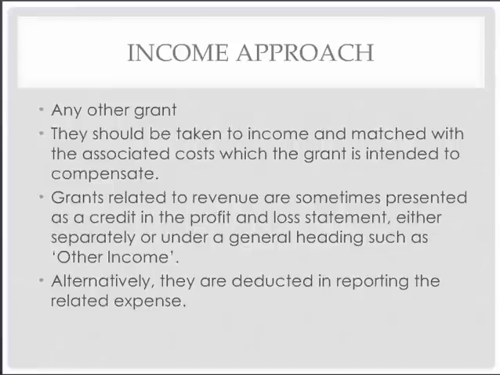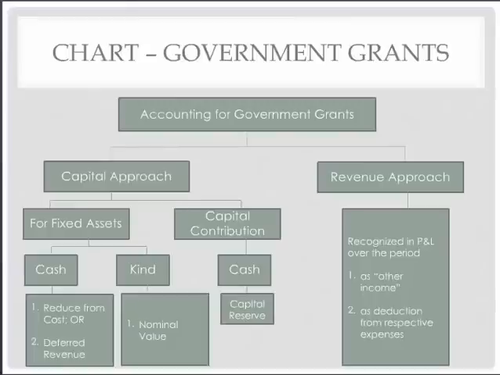Let us now go on to a summary chart which will explain in summary whatever we have discussed till now. Students, this chart will explain you in summary how to account for government grants. As we discussed, government grants can be of 2 types: capital grant or revenue grant.